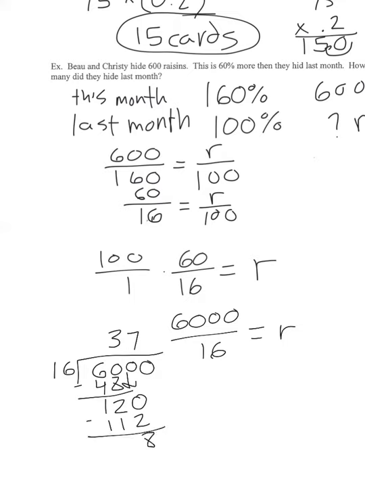Leave an 8 here. One more 0 to bring down. And how nice that 16 goes into 80 exactly 5 times. Which means that last month they hid 375 raisins.